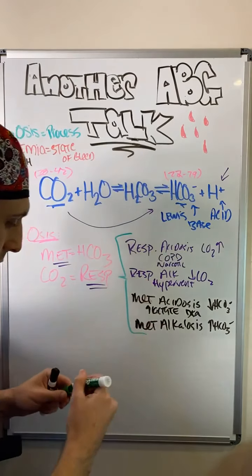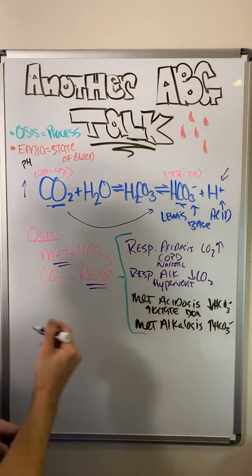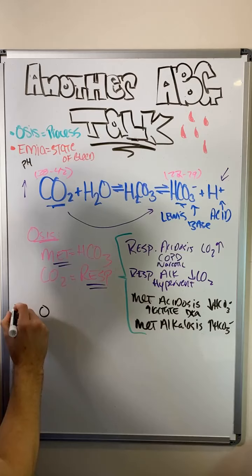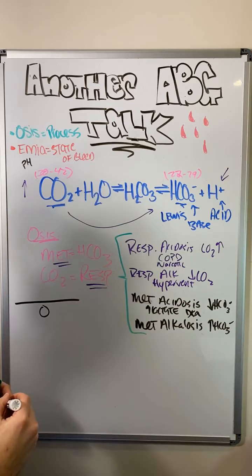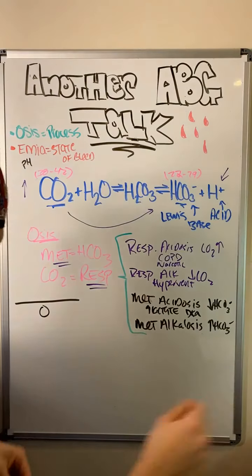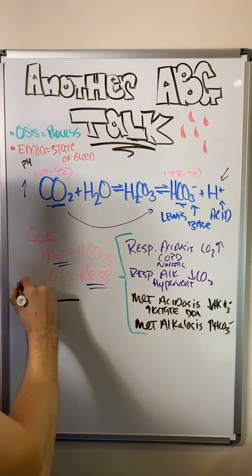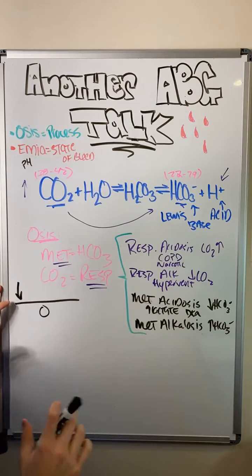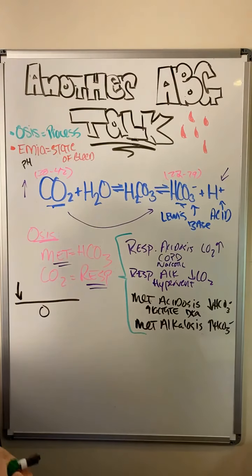And really what we're looking at when we call something an acidemia or an alkalemia is, if this is our little scale, do we have something that is more respiratory acid, or do we have something that is more base?